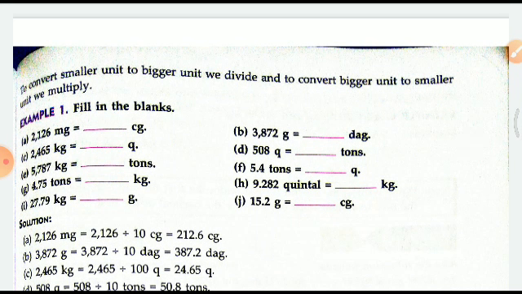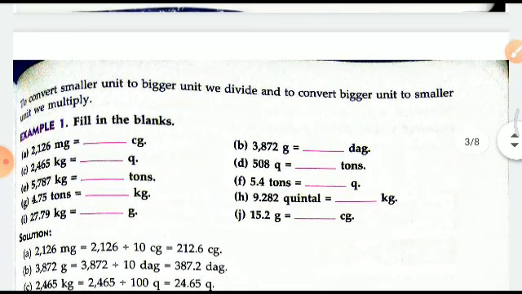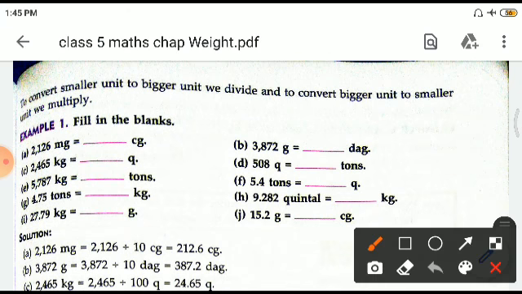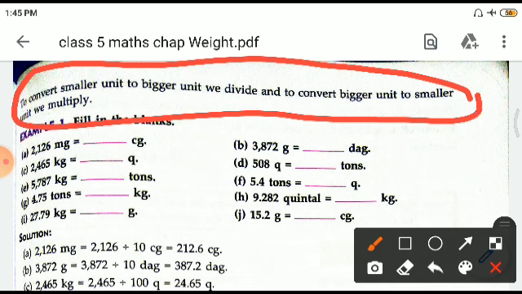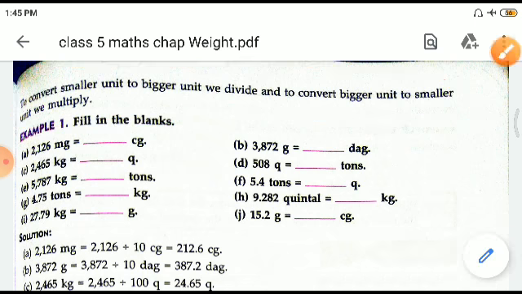Here we have to convert a smaller unit into a bigger unit, we divide, and bigger to smaller we multiply. This is the common funda: if we have to convert from big to small, we should multiply, and from small to big we should divide.